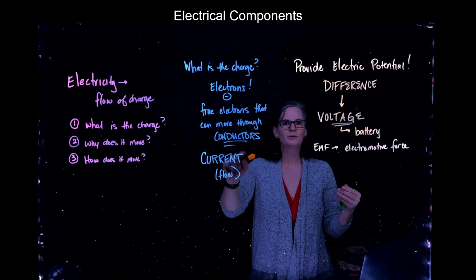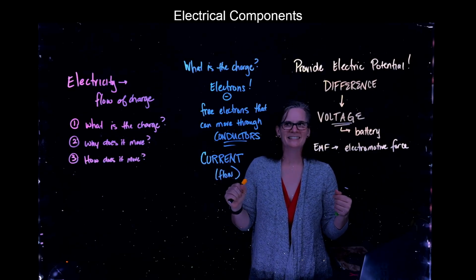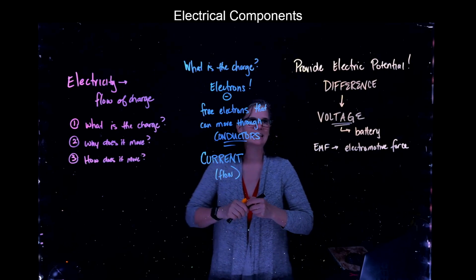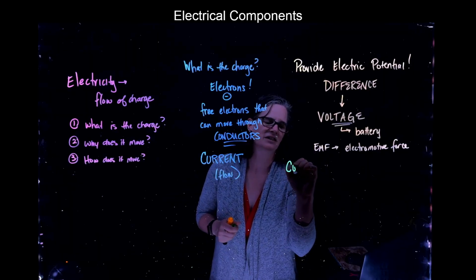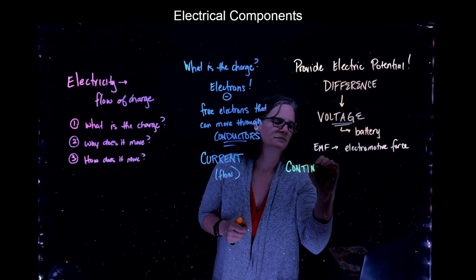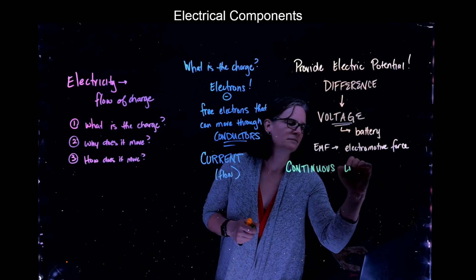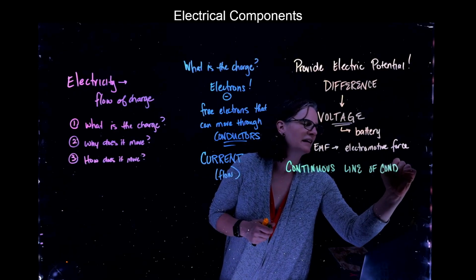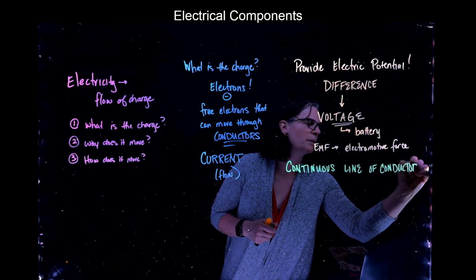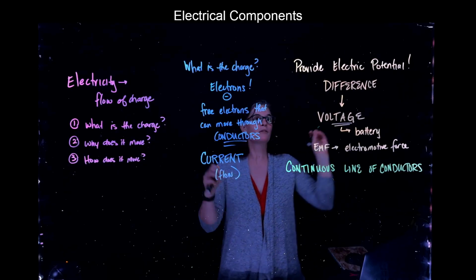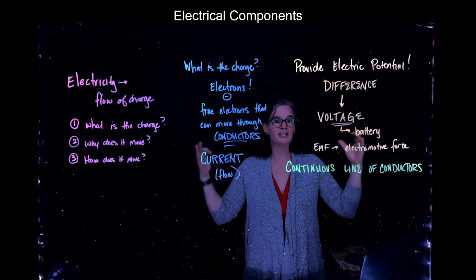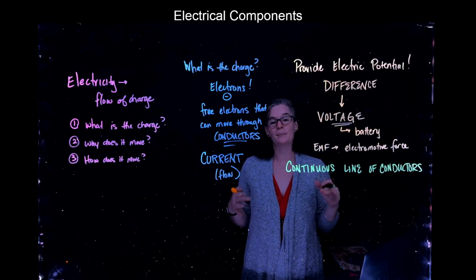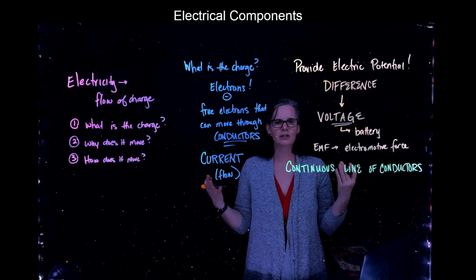How do electrons move? Well, they have to be in a conductor. So the last piece is a continuous line of conductors. And that serves two purposes. First, it provides for there to be an electric potential in existence across an area, that area being the continuous line of conductors.